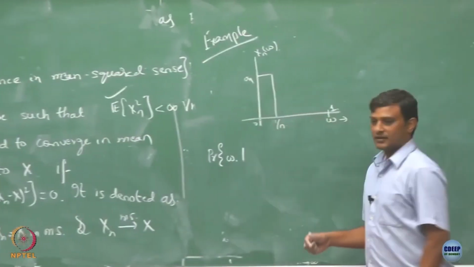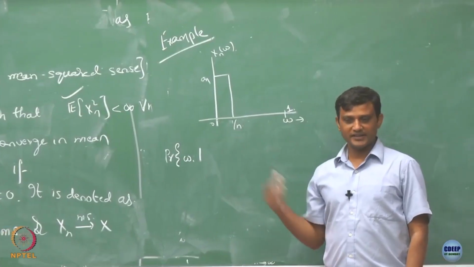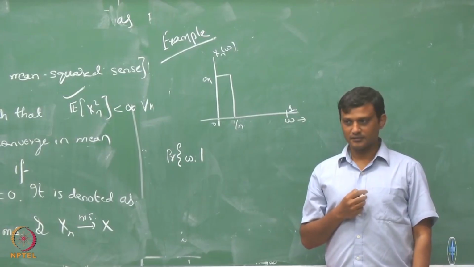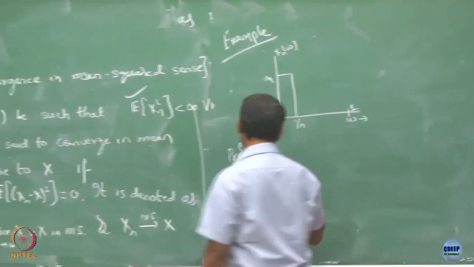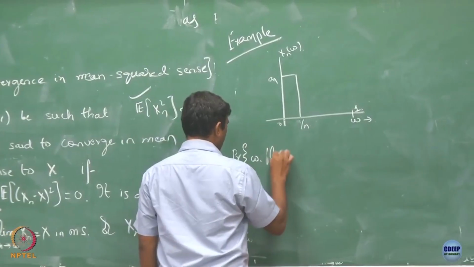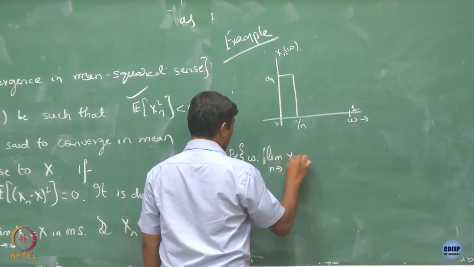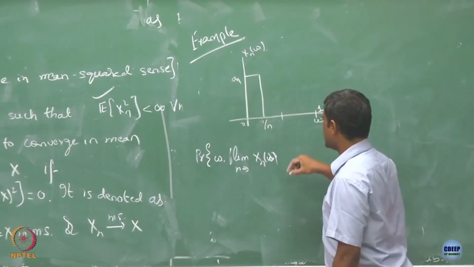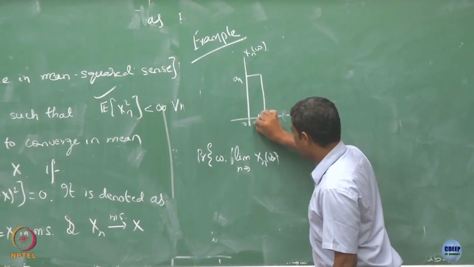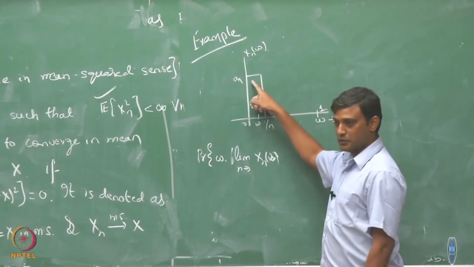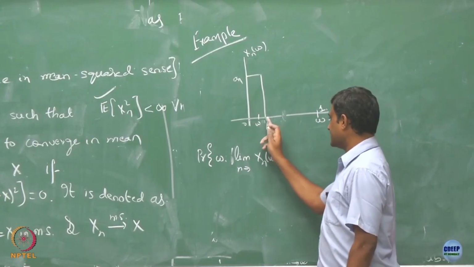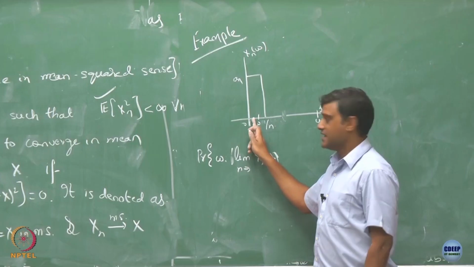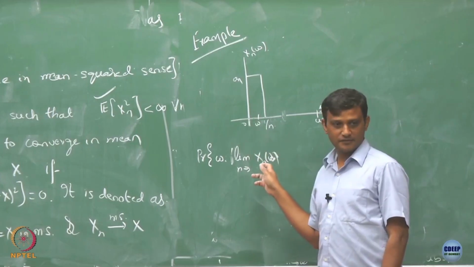So does it converge in almost sure sense? If I take the limit as n tends to infinity for whichever omega I take, let us say initially omega is here, it has some positive value a_n, but as n increases this interval comes to the left of omega, and then it is going to get a 0 value.